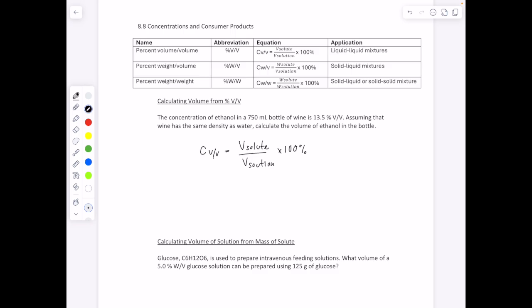In this question, they give you the concentration of alcohol, 13.5%, and they give you the volume of the solution, 750 milliliters, and we want to calculate the volume of the solute, ethanol.